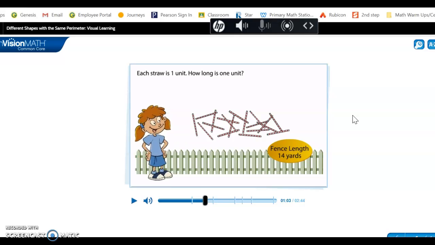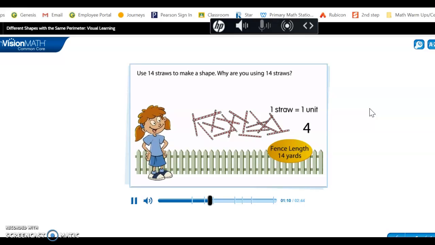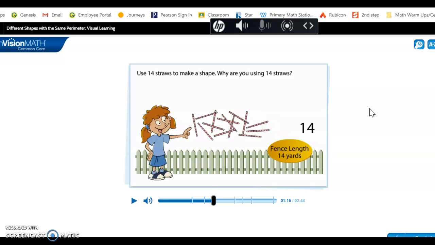If we look back at our picture, we know that we're making a fence with 14 yards, so we can assume that each unit is worth 1 yard. We are using 14 straws because they're each worth 1 yard, and we're trying to make a fence with 14 yards.